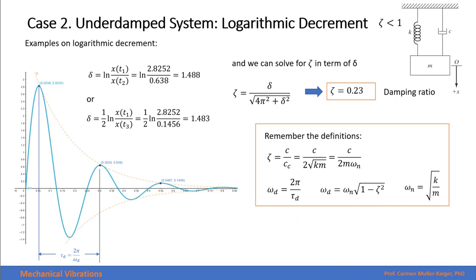We can also then, reading the period in the graph, calculate the damped frequency, and with the damped frequency we can get the natural frequency. That means that having the response of a system allows us to calculate the damping characteristics and the natural frequency of the system.